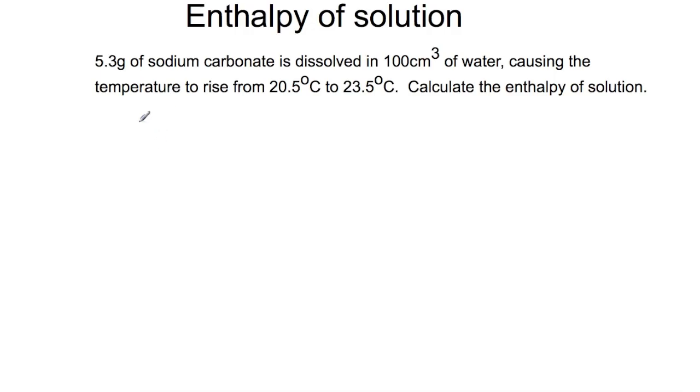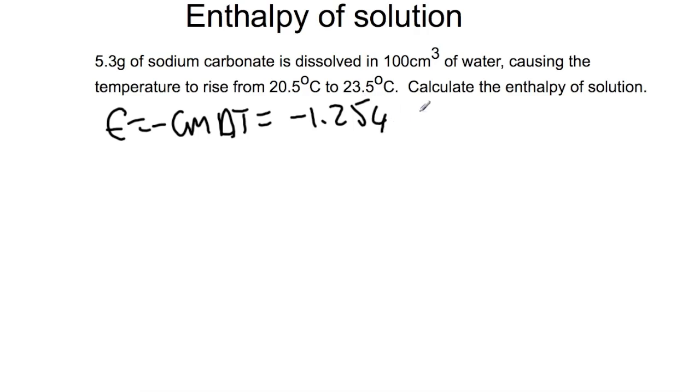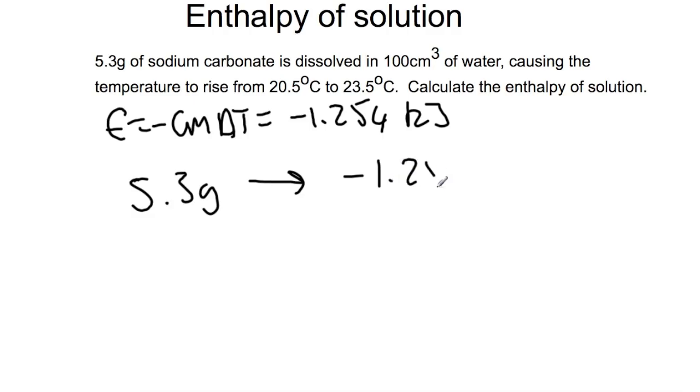Like the enthalpy of combustion, you're also able to do the final part using proportion. So here we would have the E equals negative Cm delta T from before, which was minus 1.254 kilojoules. So if you have 5.3 grams of sodium carbonate, this gives out 1.254 kilojoules of energy.